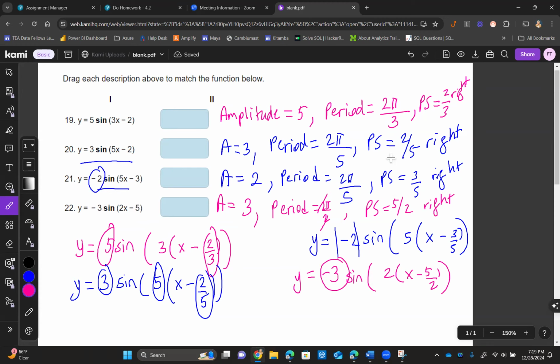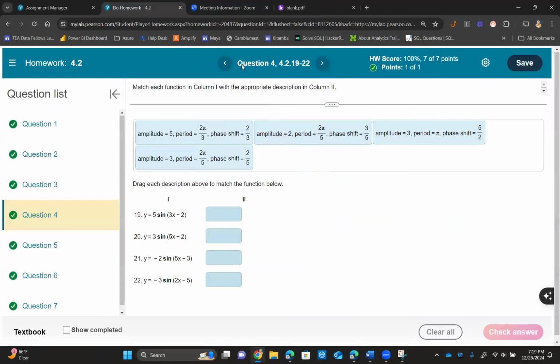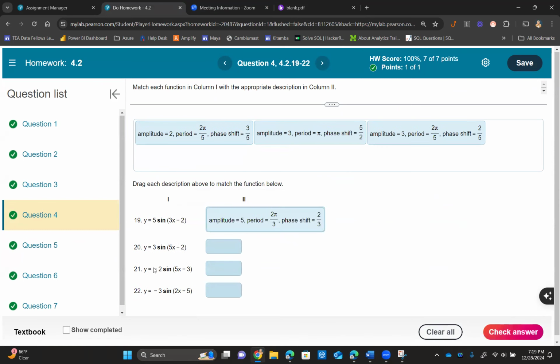So when you're doing this question on the homework here, you're going to drag and drop the correct answer. So the first one is, its amplitude is 5. And among these options, this is the only one which has an amplitude of 5. This one has an amplitude of 3. This one is also amplitude of 3.